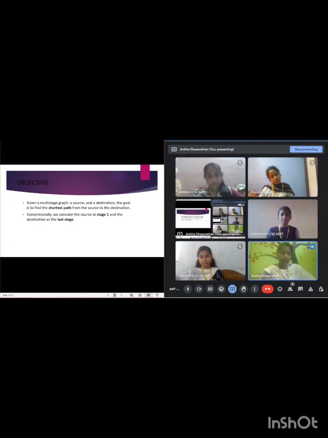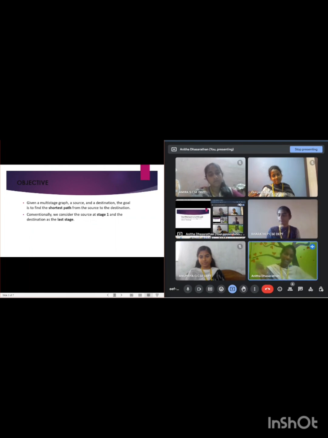And the main goal is to find the shortest path from the source node to the destination node in the given multi-stage graph. It's like having a roadmap to guide you through a decision-making process.